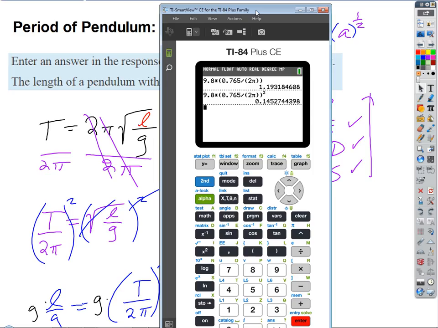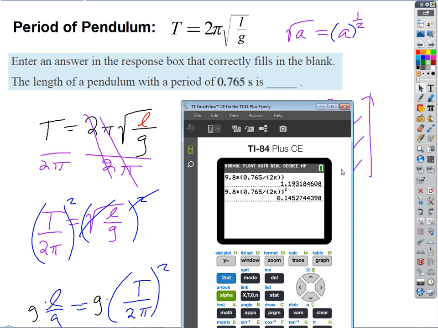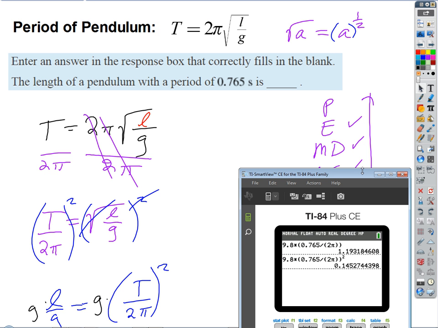If we have a pendulum with that period, some pendulum in the universe with a gravitational field of 9.8 would give us that period. There's some length that would work, agreed? So if we only got one solution, that's the only one. It's the right solution. That works.